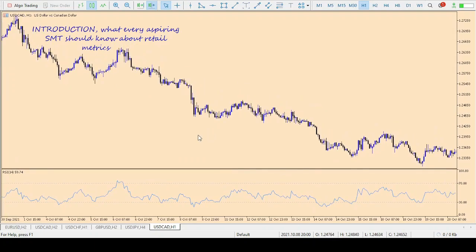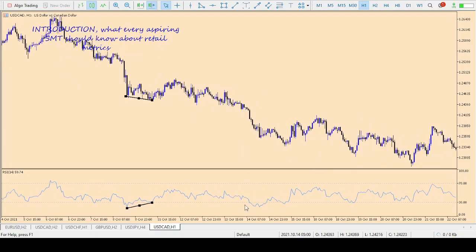For instance, if you use this type of divergence, they tell you, and I myself have taught it before, but I don't teach it again, that if price makes this new low, and then the RSI makes a higher low, then price is ready to shift. But what happens? It was only a retracement, and then we continued to sell.